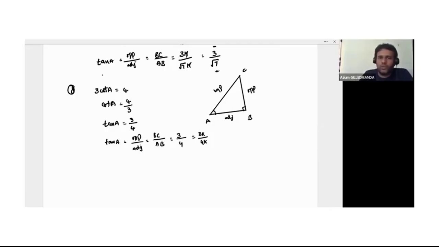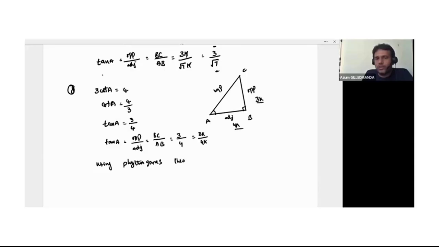So BC, I can say this is 3K, and the adjacent side I can say 4K, right? So I know this, I know this. I need to find the hypotenuse now. So using which theorem? Pythagoras.